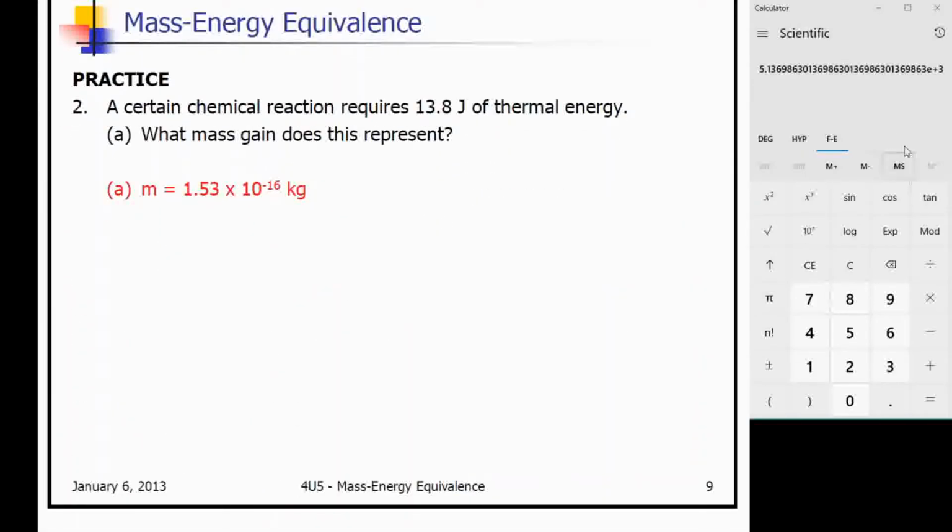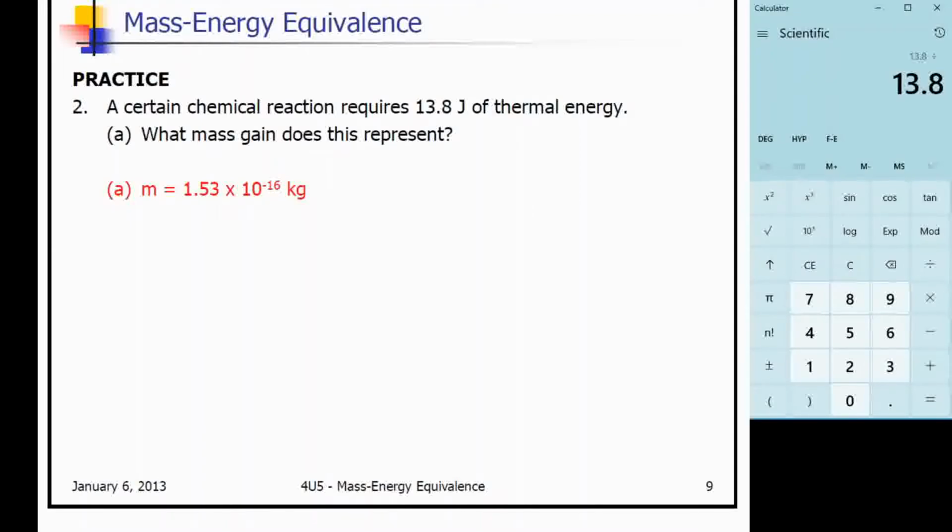So here's a question. It says that we have a chemical reaction that gives off 13.8 joules of thermal energy. What does that equal in terms of mass? So 13.8 is our energy. This is the E equals mc squared equation, so I have to just divide this by c squared.